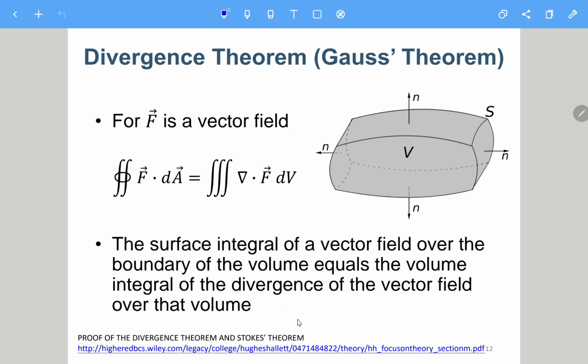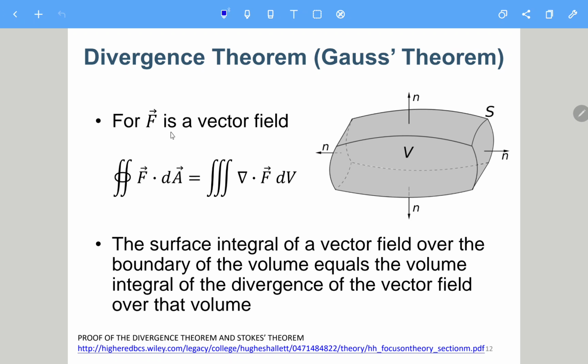If you are interested, you can try to search online, or I'm not sure whether this still works because I found it 3 years ago. If it still works, you can check it. There will be 5 or 6 pages of proof for this theorem and also the Stokes theorem.